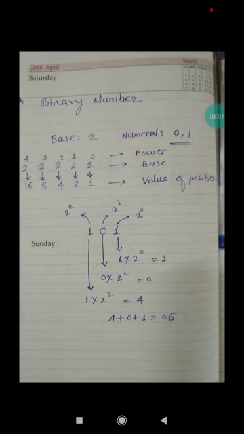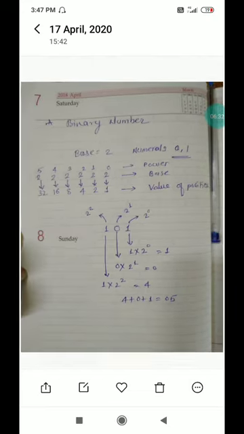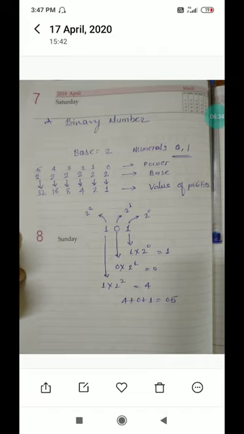Each of these values is calculated individually. 2 to the power 0 multiplied by 1 is 1. 2 to the power 1 multiplied by 0 is 0, and 2 to the power 2 multiplied by 1 is 4. We add all of these individual values to get the final value. So 101 represents 4 plus 0 plus 1, which makes 5. This is how any binary number is represented.